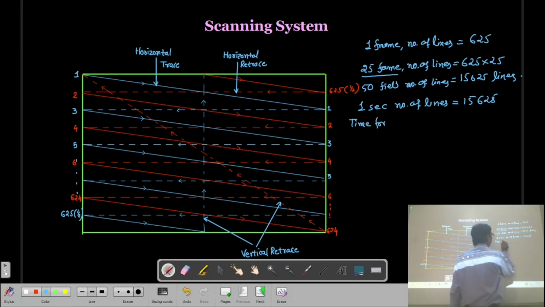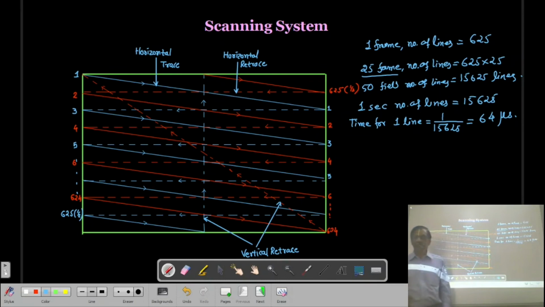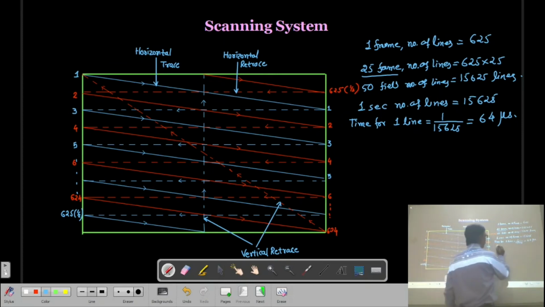The time for one line is equal to 1 upon 15,625, and that is 64 microseconds. This is known as the horizontal scanning time. Remember, horizontal scanning time is 64 microseconds.